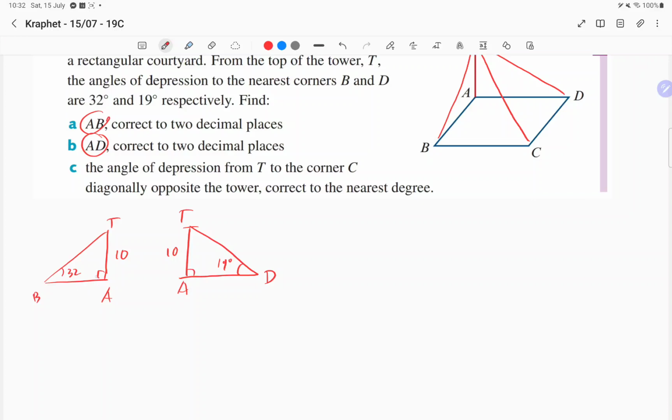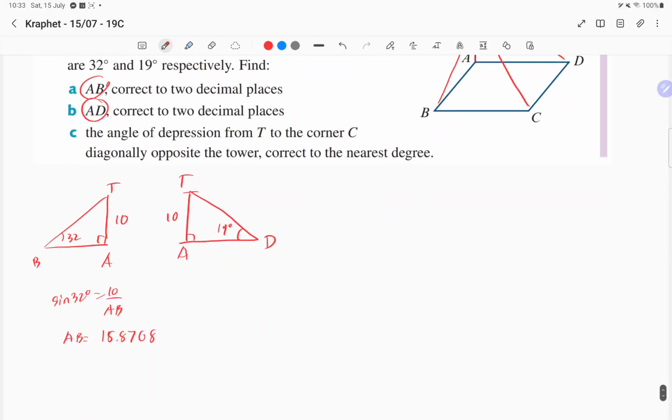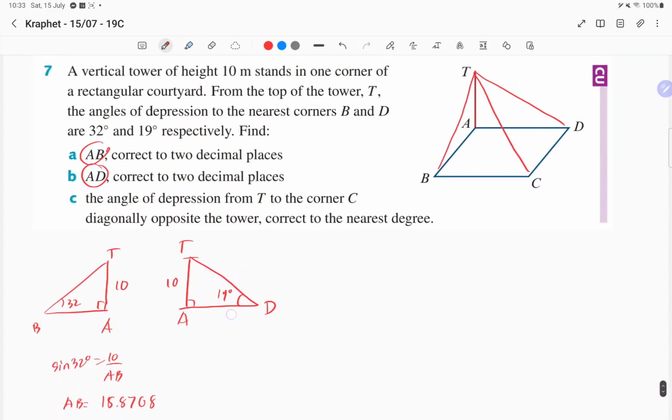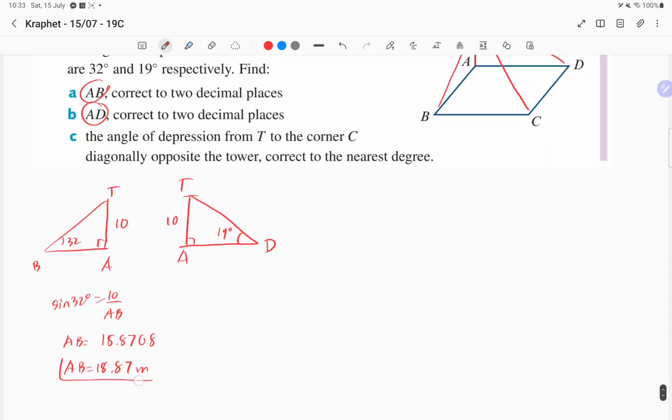Anyway, this one you would get sine of 32 degrees would be 10 over AB, right? So then AB would be, just punch it in, 10 divided by sine 32, which is 18.8708. Which then it will be 18.87 meters to 2 decimal places.